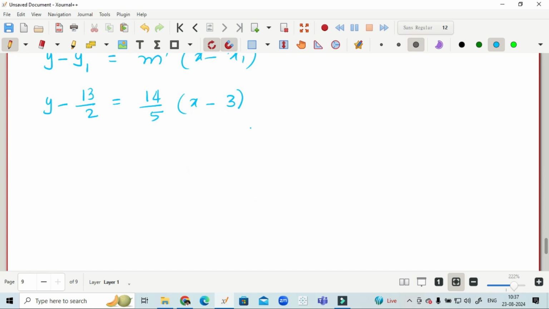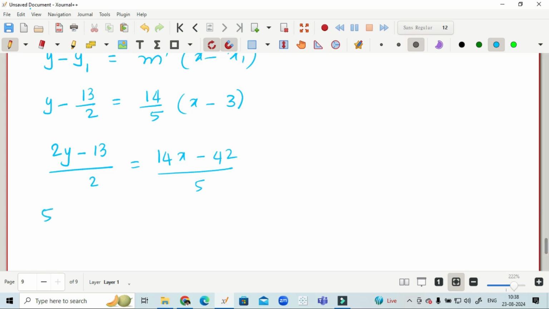So now let's simplify it. 2y minus 13 by 2 is equal to 14 by 5 into 14x minus 42 by 5.